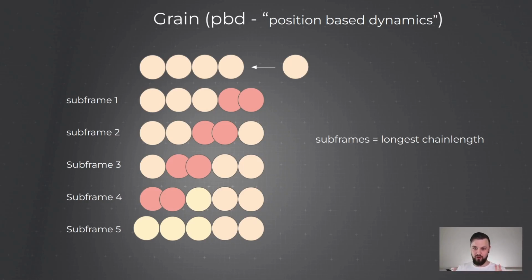So imagine you have those points, those spheres lined up on a line, and then you pull on one, then one by one, the other balls will be pulled as well. And this also happens one sub-step at a time. This is another thing to keep in mind to understand the whole settings a bit better.